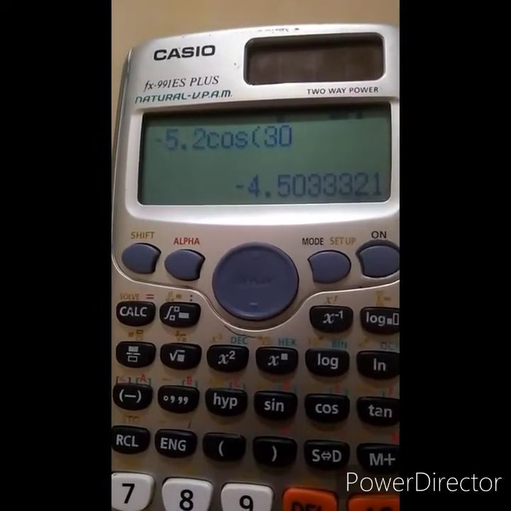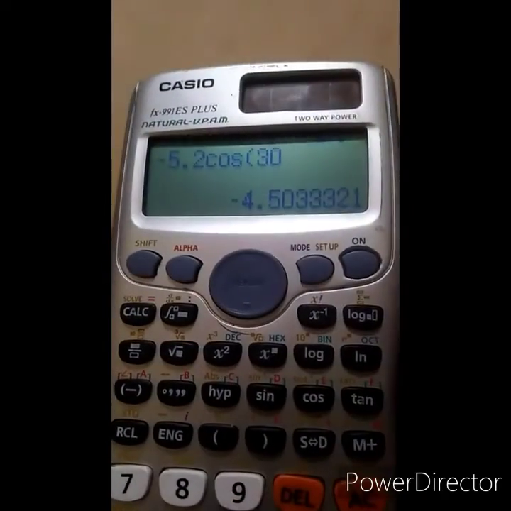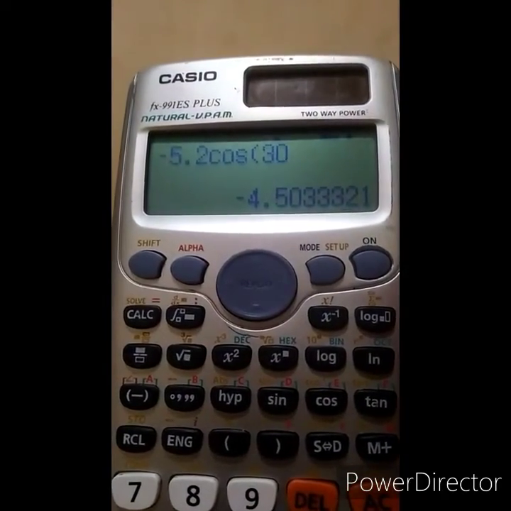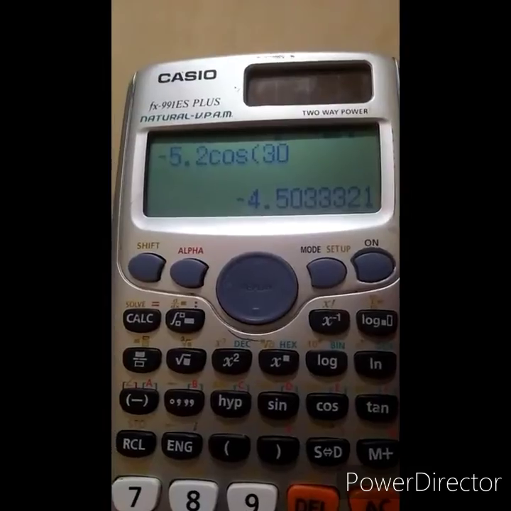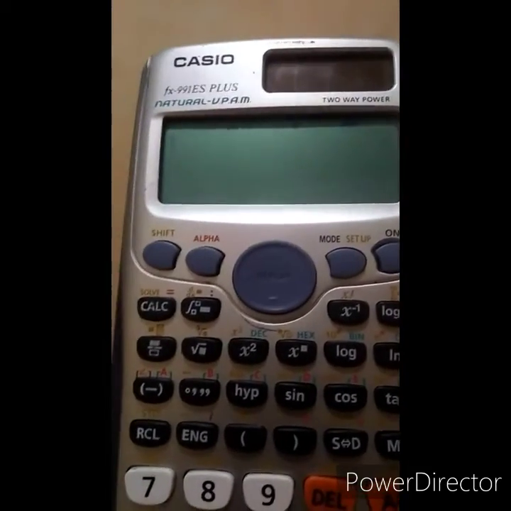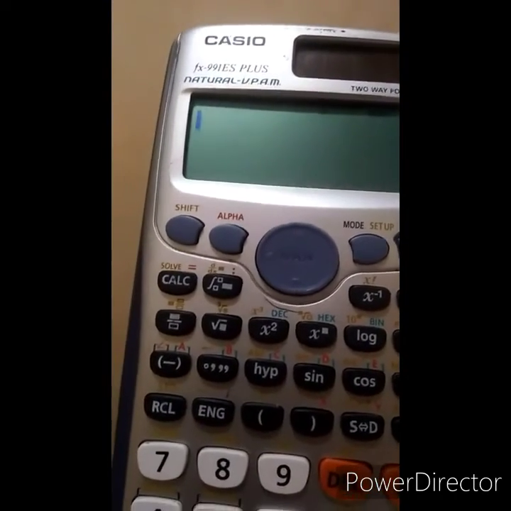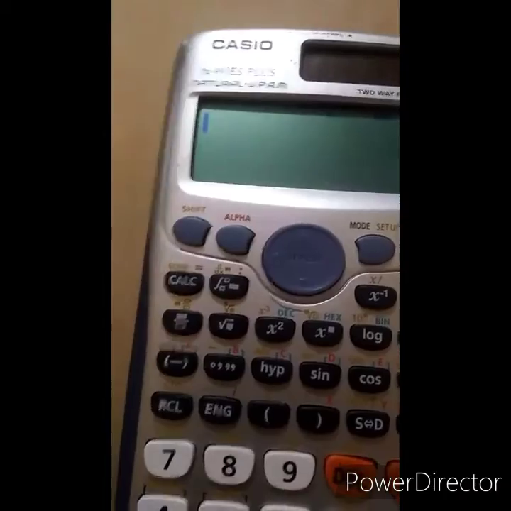Negative 4.50, rounded off already. Then, since vector D has no horizontal component, it is just 0. Then we're going to get the summation of the horizontal component by adding the values from different vectors.